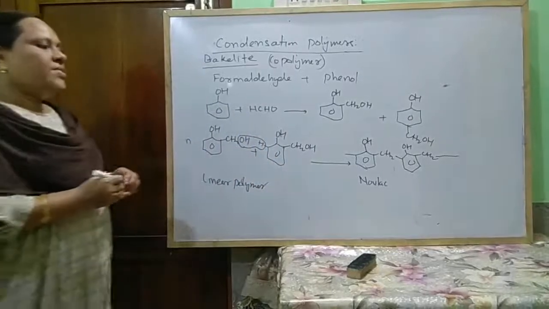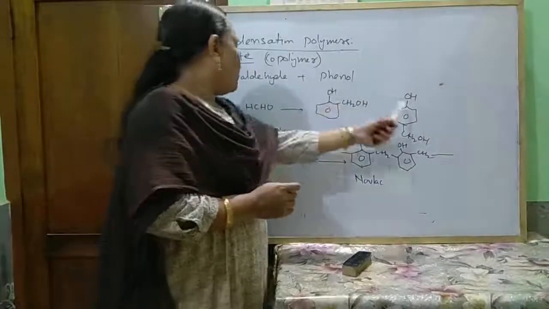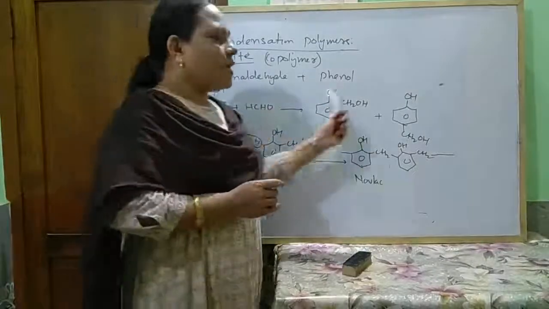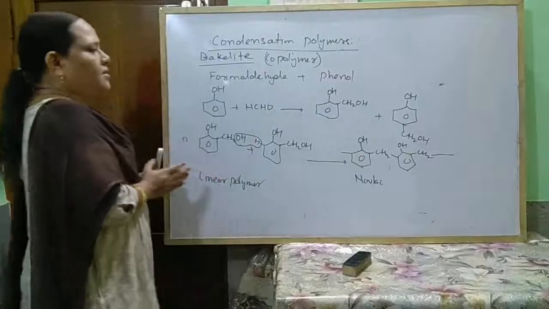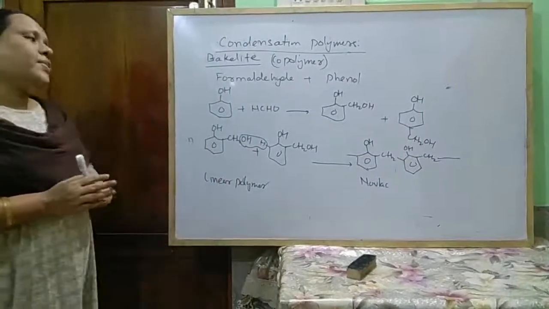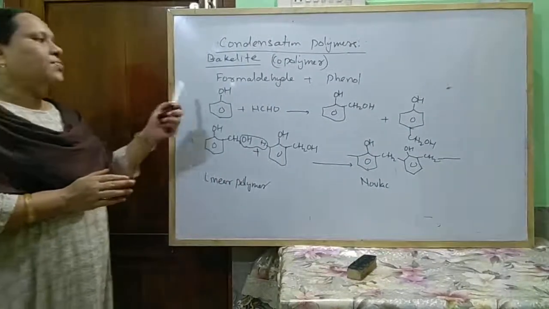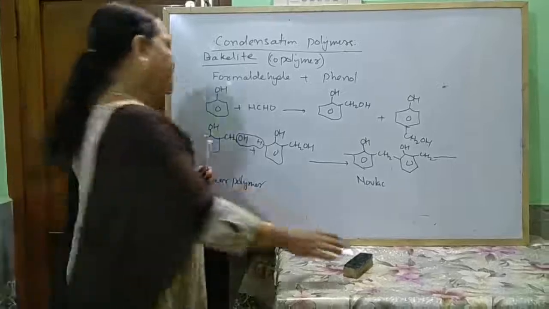But if these two isomers undergo polymerization, it forms a cross-linked polymer that is known as your Bakelite.